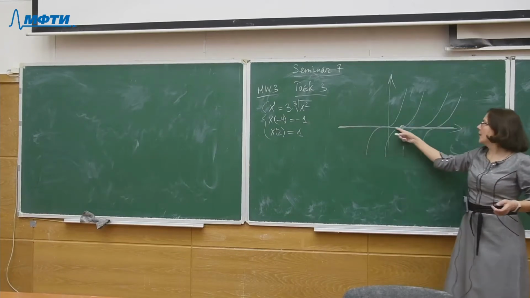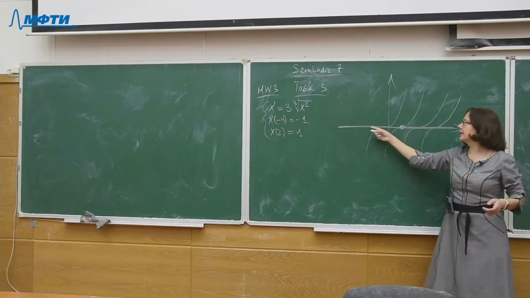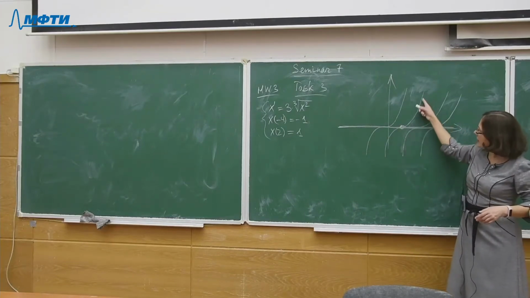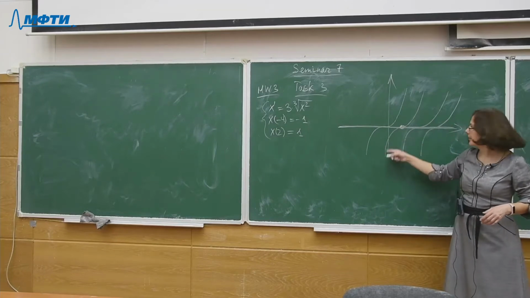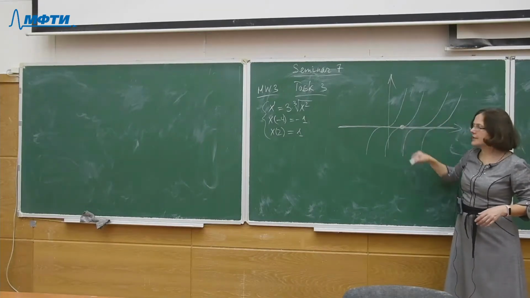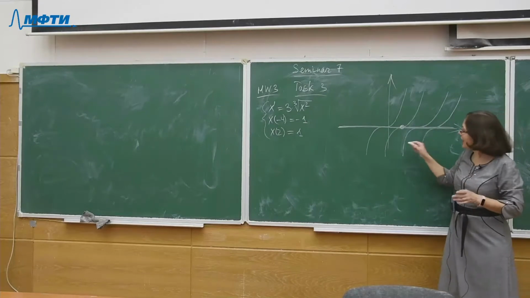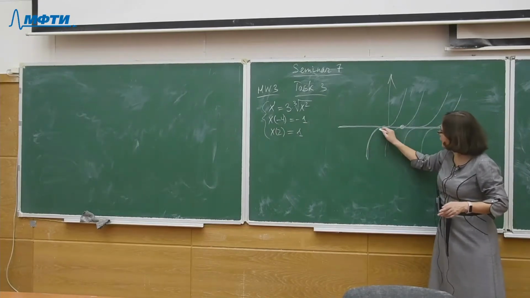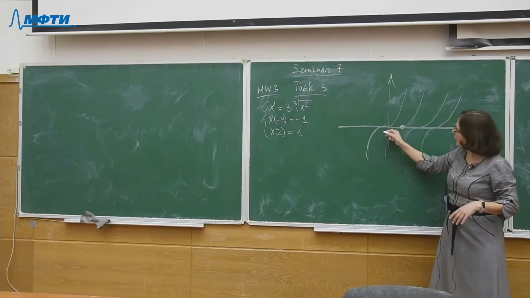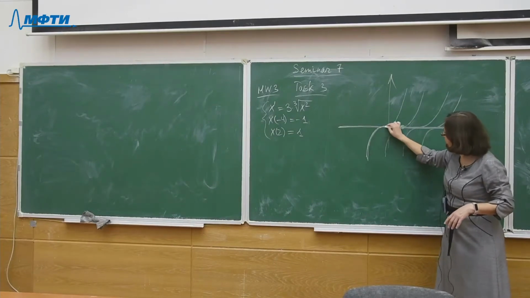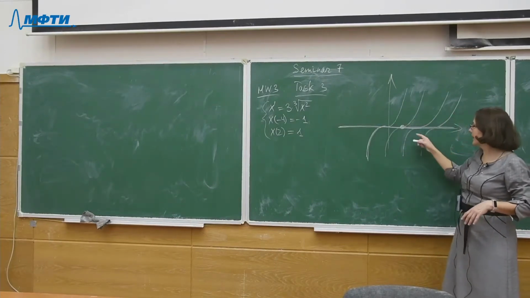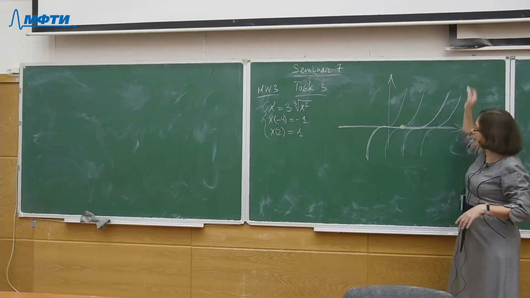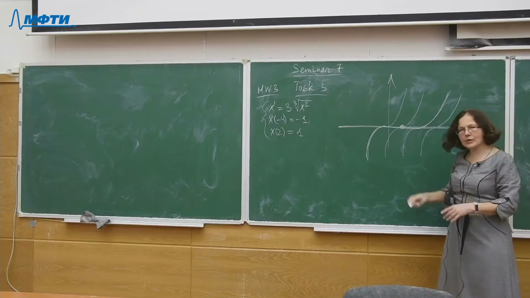We have one solution which is identically 0. We have a solution which is a cubic parabola, which goes through this point. But we may start with one branch of our cubic parabola, then go along the x-axis to some point and go out. So there is also a solution.